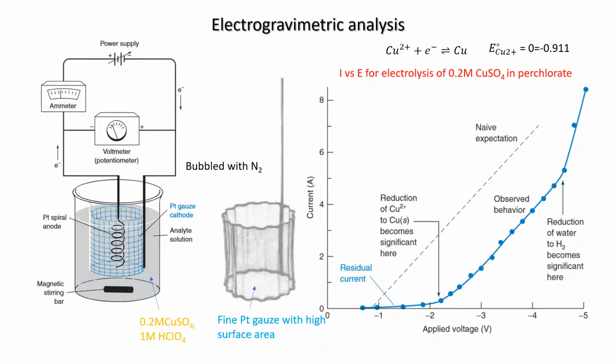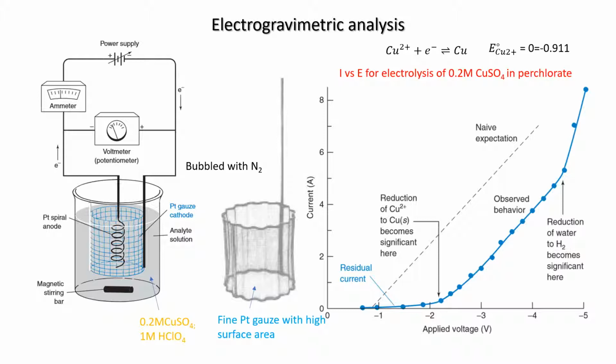The observed current voltage behavior for the reduction of copper 2+ from a solution of copper sulfate in perchlorate is shown. The electrolyte is purged with N2 gas so that oxygen reduction doesn't interfere with the measurement. The plot here illustrates that a significant overpotential needs to be applied above the standard electrode potential of -0.911 volts for charge transfer to be able to commence.